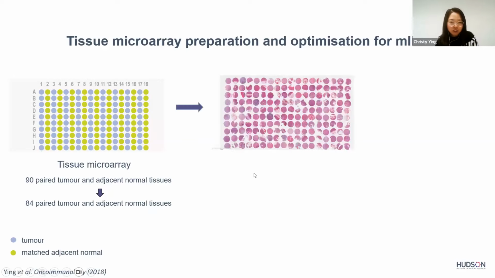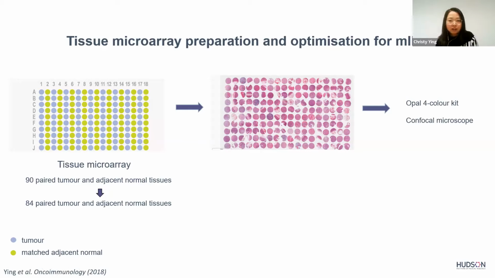And we did H&E staining to examine how the samples look, and due to the incompleteness of some tissues, we were only able to get 84 paired samples for downstream analysis.